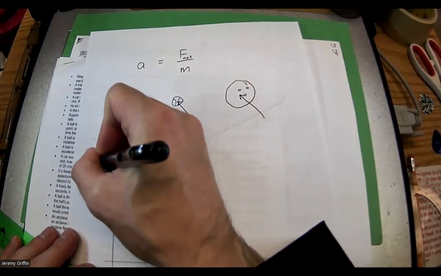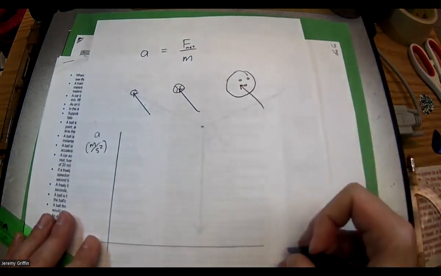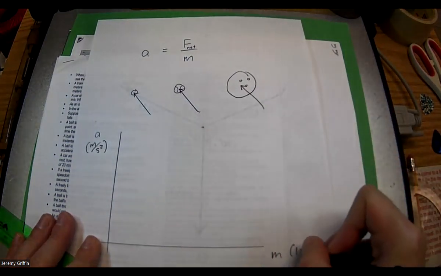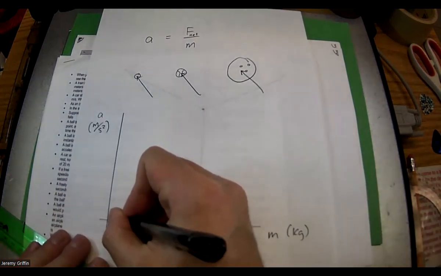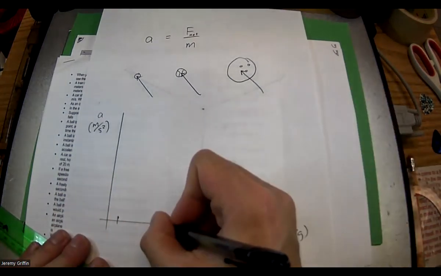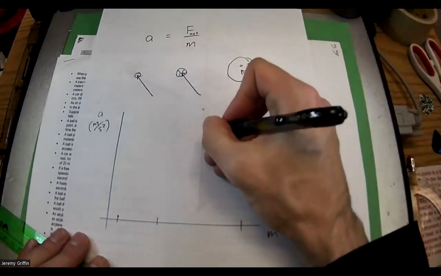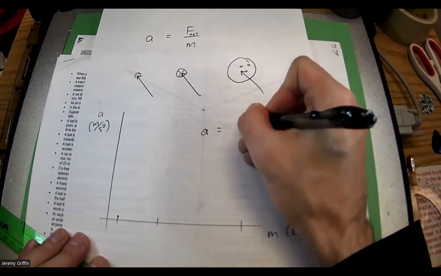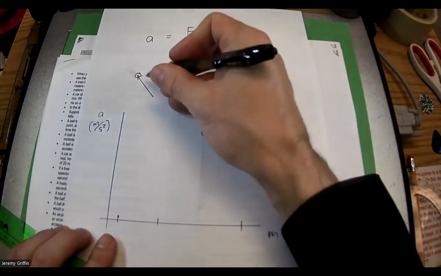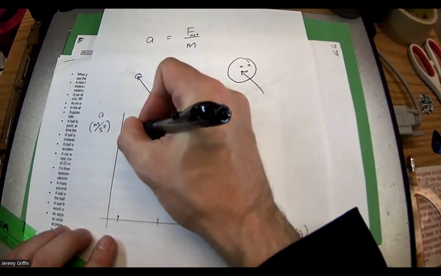Now this question says, how does acceleration change in relation to mass? Let's make a graph out of this: acceleration in meters per second squared as a function of mass in kilograms. So this could be the ping pong ball, the tennis ball, the bowling ball. For the same force, isn't the ping pong ball going to have a huge acceleration?